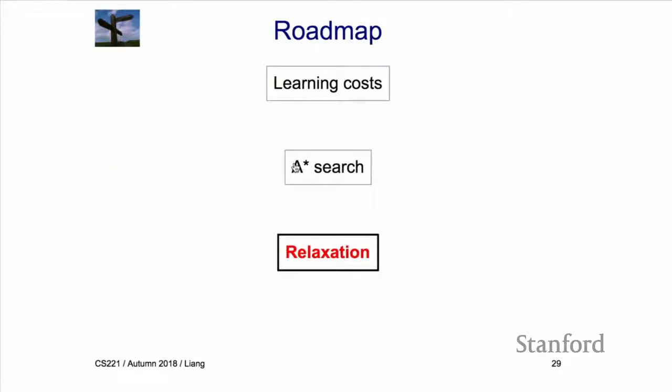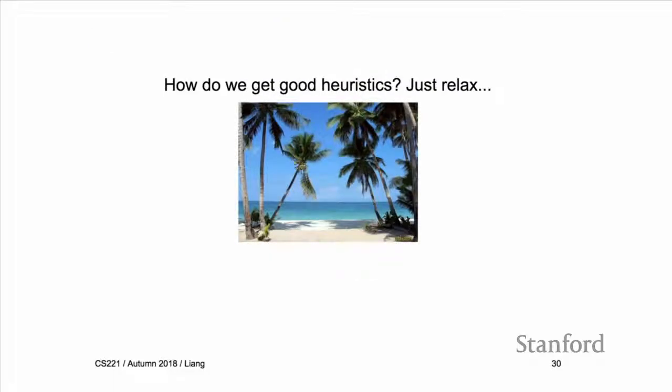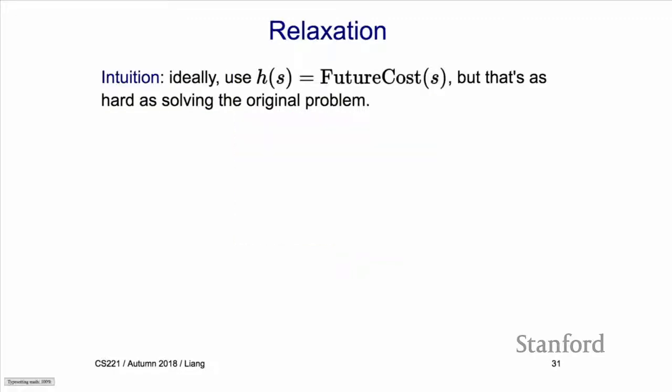Okay, because we went through a lot of proofs and inequalities just there, there's a whole section just for relaxing, where we don't do anything at all. But just kidding. This section is actually for giving you a recipe for computing and defining good heuristics. And it's going to be through relaxation. So here's the main intuition.